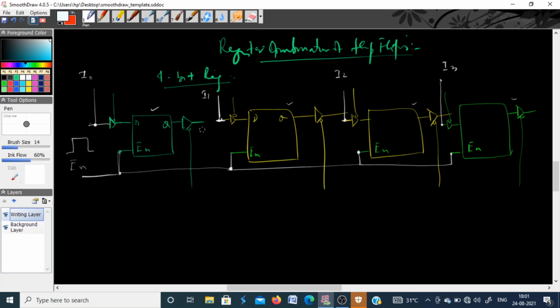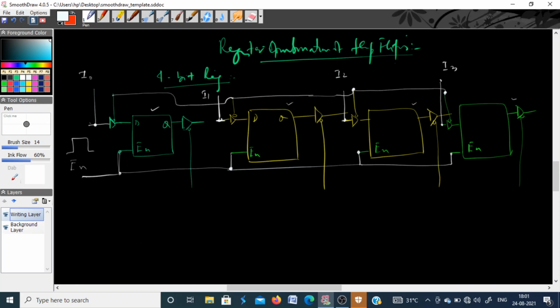And see, again, whenever you want to write some information into this register, all these tri-state buffers at the input must be activated at the same time. So you have to again tie all these buffers together. So this input buffer will be connected to this, further connected to this, and this will be connected with this.